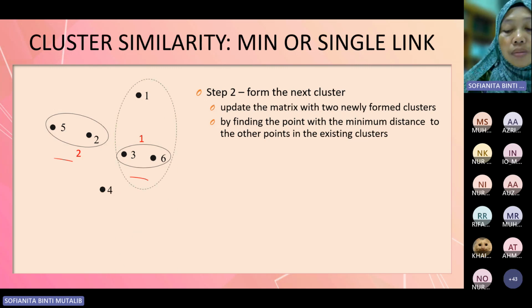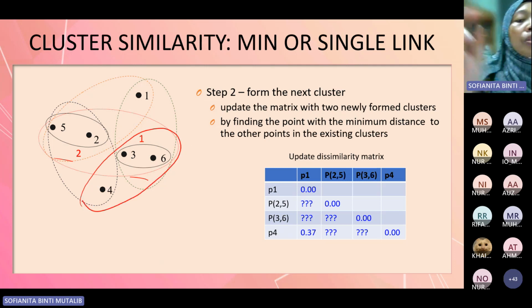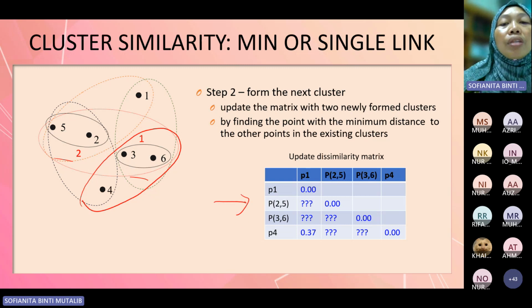We can merge this one, or these two, or these two, or this, and lastly this can also be merged. So which one? We need to have a look at the updated similarity matrix, then we can decide.